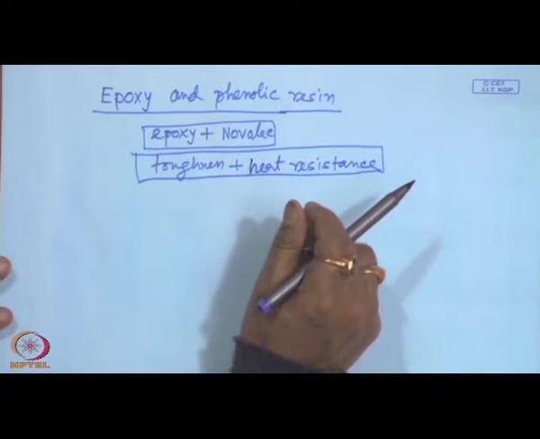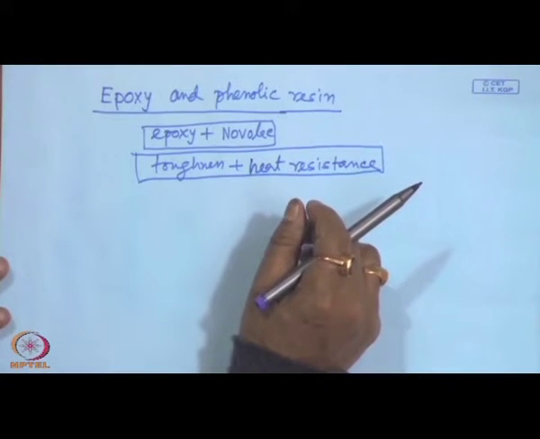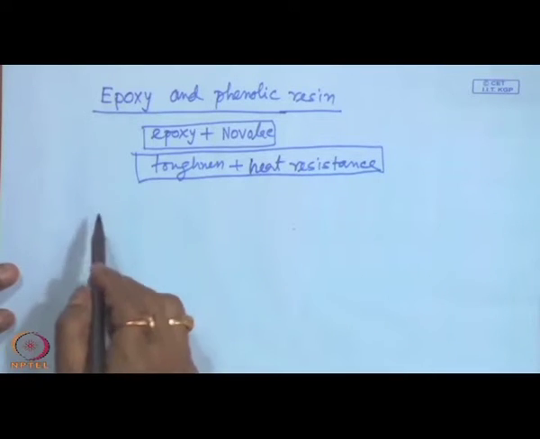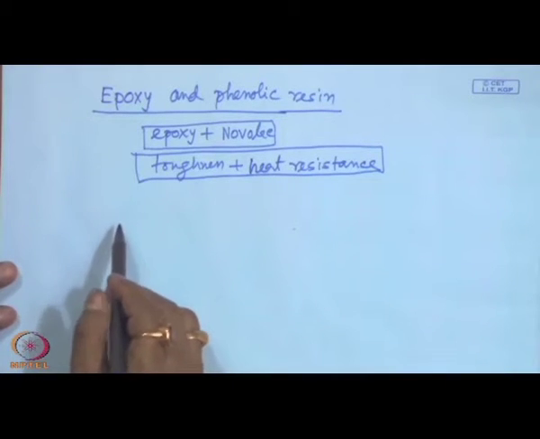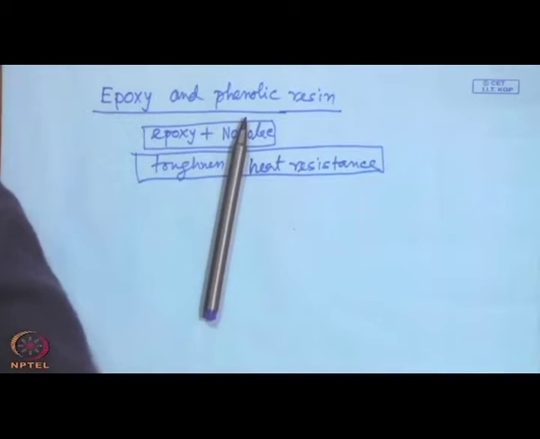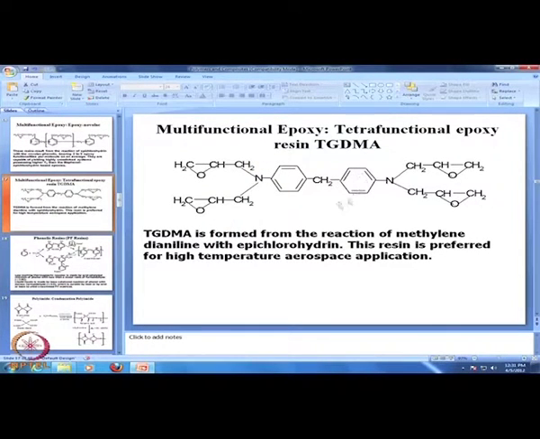Now, there can be other multifunctional epoxy resins. Increasing the functionality will lead to higher cross link density. If you look at this molecule, this is diamino diphenyl methane. 1 mole of diamino diphenyl methane was reacted with 4 mole of epichlorohydrin, having this nitrogen as trifunctional.